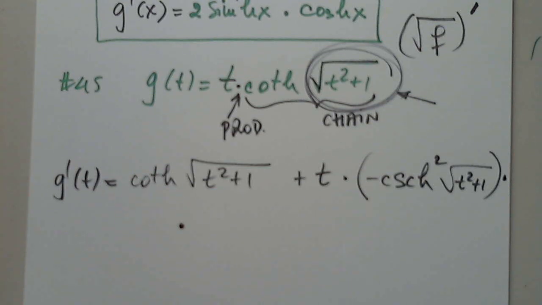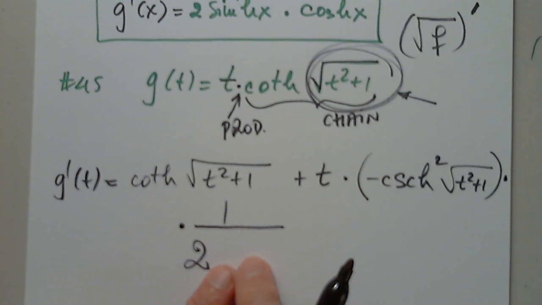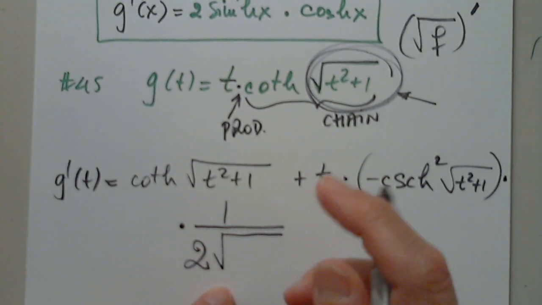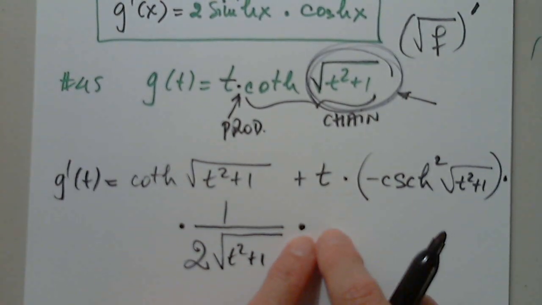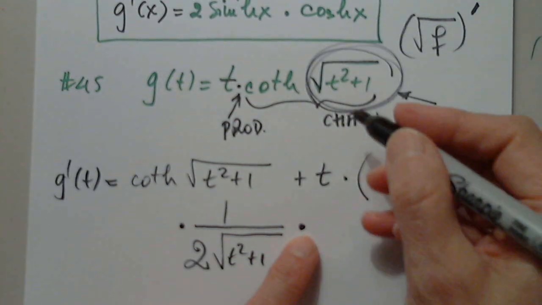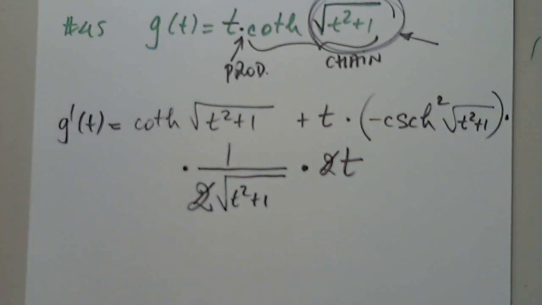Let's go back. 1/2, yes, 1 over 2 times the square root of t squared plus 1, times the further inner function prime. Maybe you said it, I didn't hear it. 2t. Times 2t, indeed.